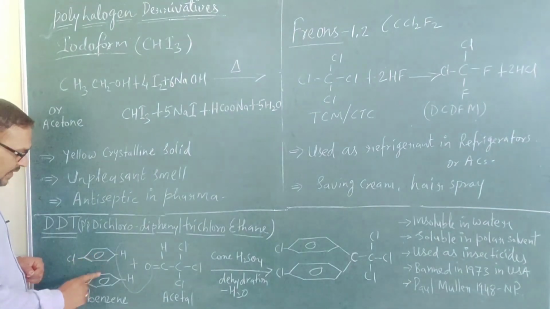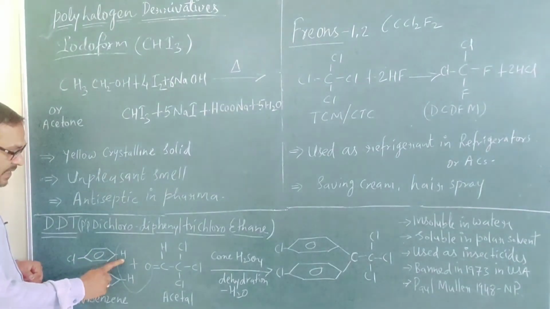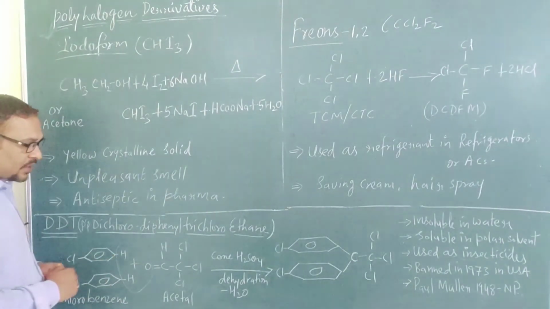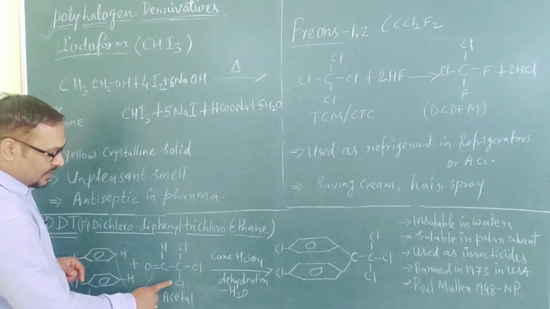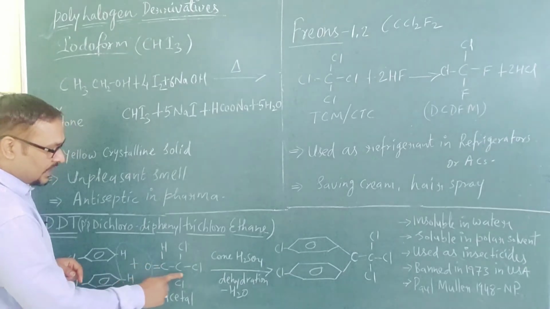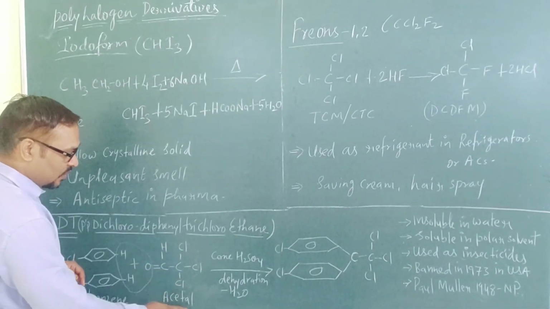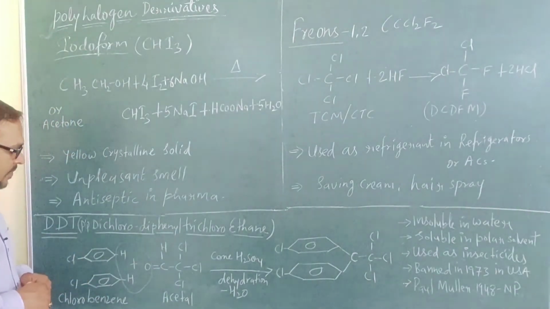So two molecules of chlorobenzene we have taken here, and this is the hydrogen attached at this position. And what is the formula of chloral? This is CCl3CHO. When 3 H are replaced from acetaldehyde, this forms chloral. In the previous video we have formed chloral also.